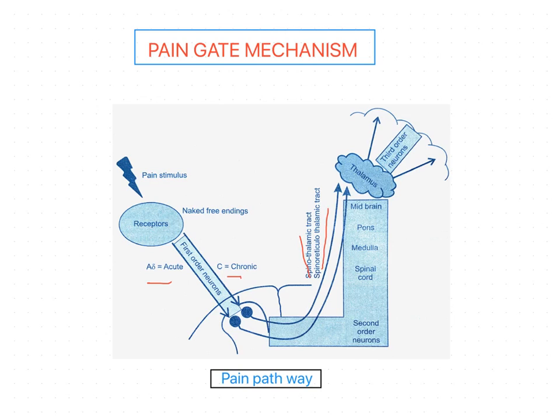Here the second order neuron starts from the dorsal horn and crosses just anterior to the central canal, moving to the lateral side, that means it goes to the contralateral side, and then ascends up the spinal cord and the brainstem, that is medulla, pons and midbrain.